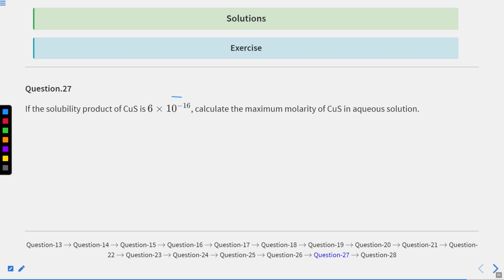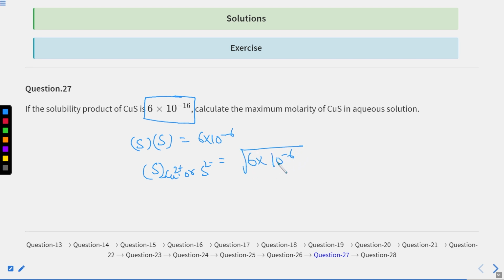If the solubility product of CuS is 6 into 10 to the power minus 16, so the solubility product is given, therefore solubility into solubility is given as 6 into 10 to the power minus 16. Therefore the concentration of Cu2+ and S2- is nothing but root under 6 into 10 to the power minus 16.